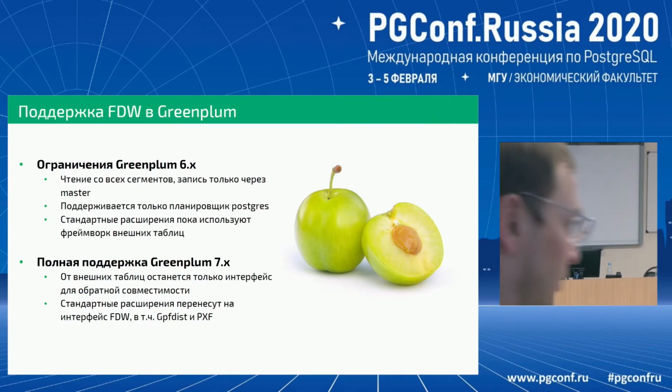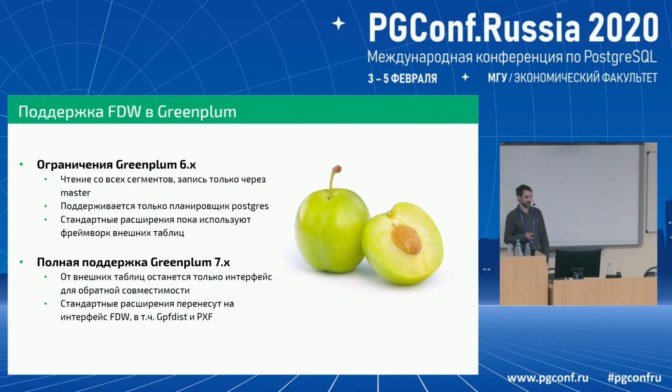Also you can leverage other protocols. When it comes to FDW in Greenplum, such an option exists. In Postgres, everyone is aware of it. It appeared in version 6. There is no full support: there is read from all segments, but write operations are executed through the master.